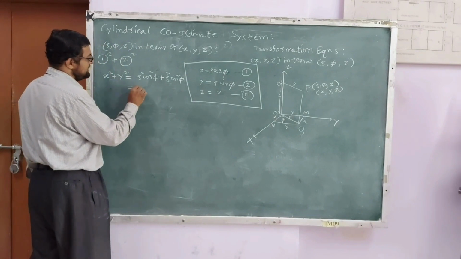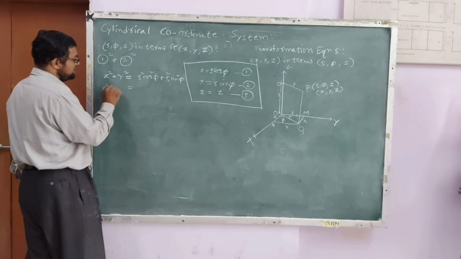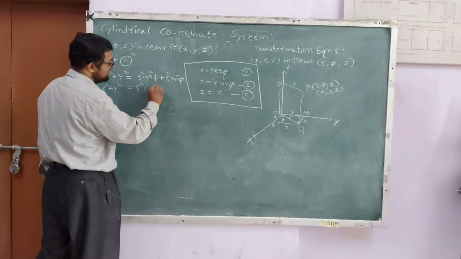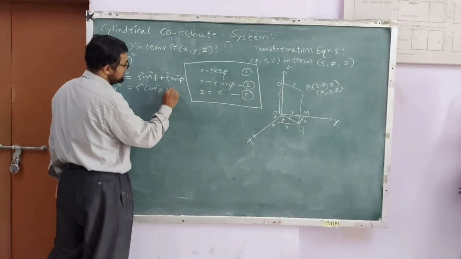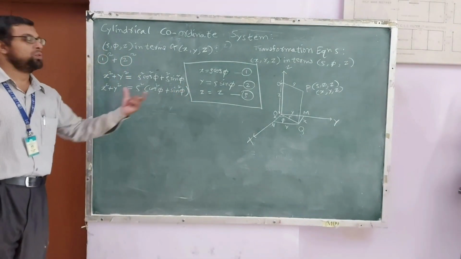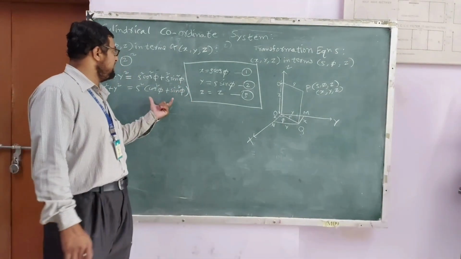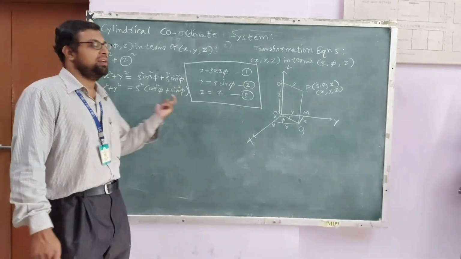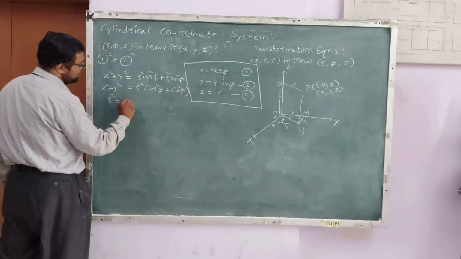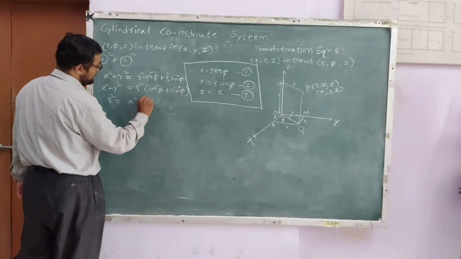So this is x square plus y square is equal to rho square, and inside the bracket it is cos square phi plus sin square phi. But we know that cos square phi plus sin square phi is nothing but equal to 1. So since this is 1, we get rho square is equal to x square plus y square.